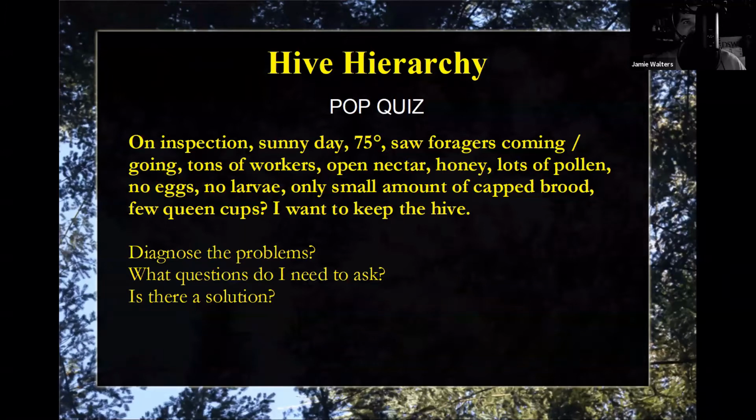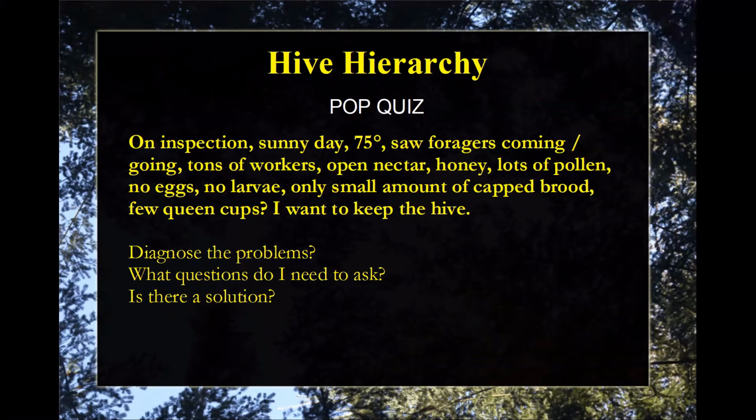And I want to keep the hive. I don't want to do anything else with it. I want you to diagnose the problem. What questions would you ask? And is there a solution to it? So why don't we take a 10-minute break? I want you to think about that. Then I'm going to pick on a couple of you to answer that.